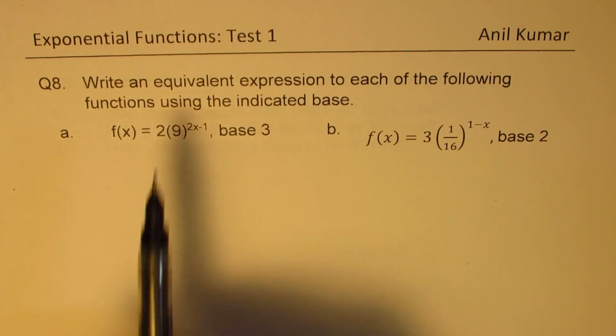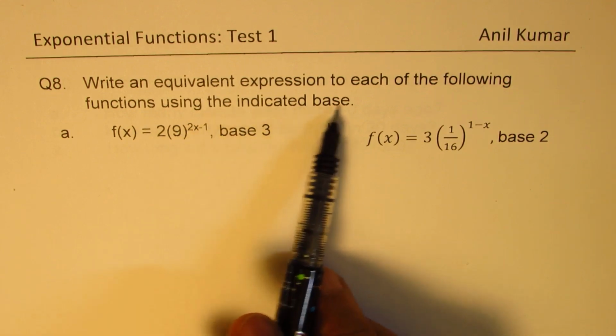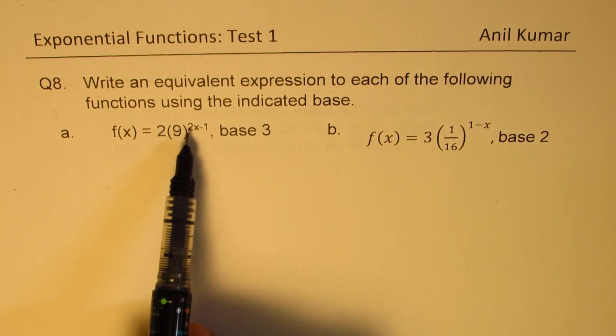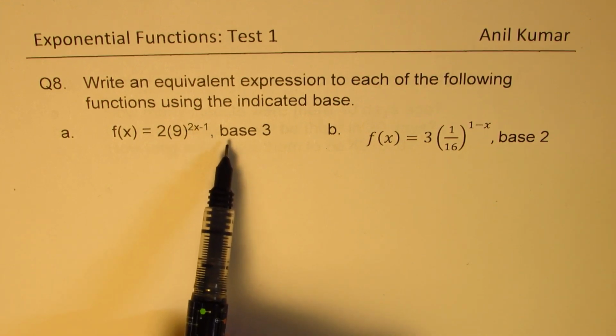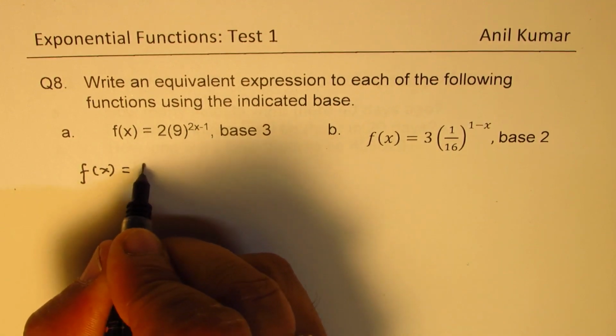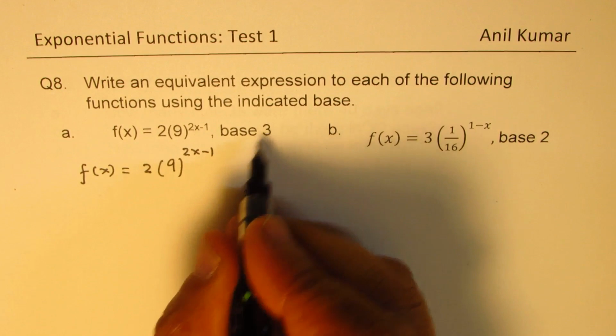Question number 8 is, write an equivalent expression to each of the following functions using the indicated base. So f of x equals 2 times 9 to the power of 2x minus 1. We have to change the base to 3. So let's change the base to 3.